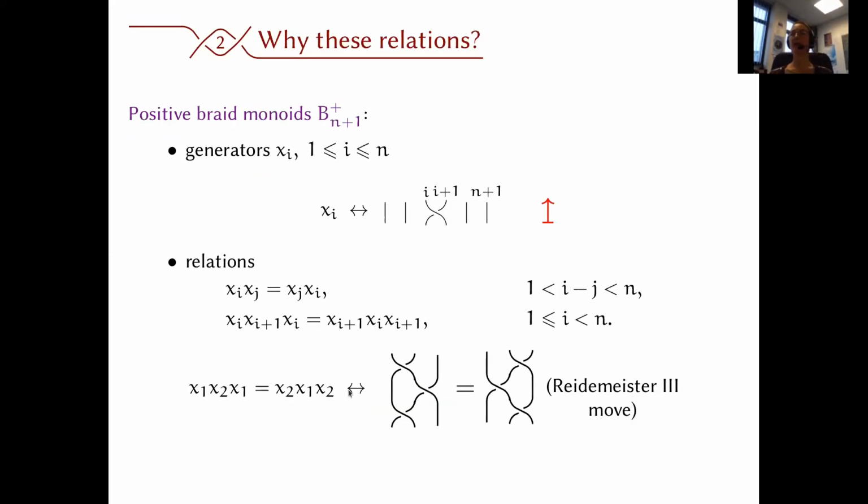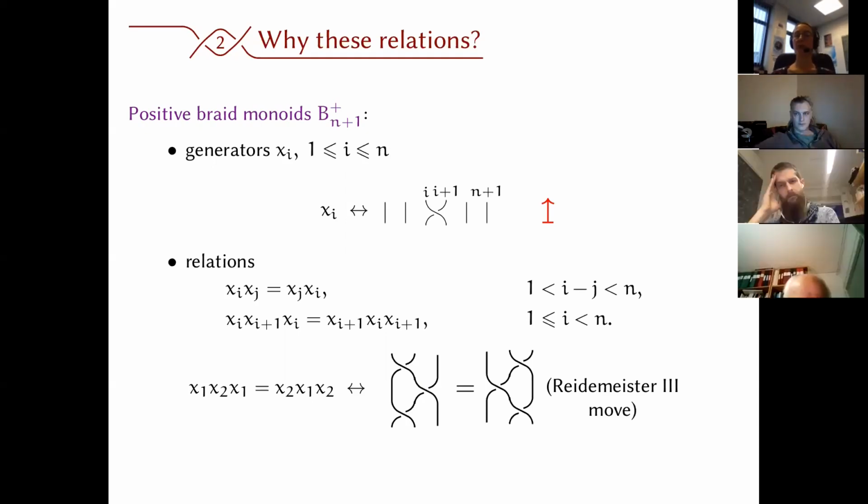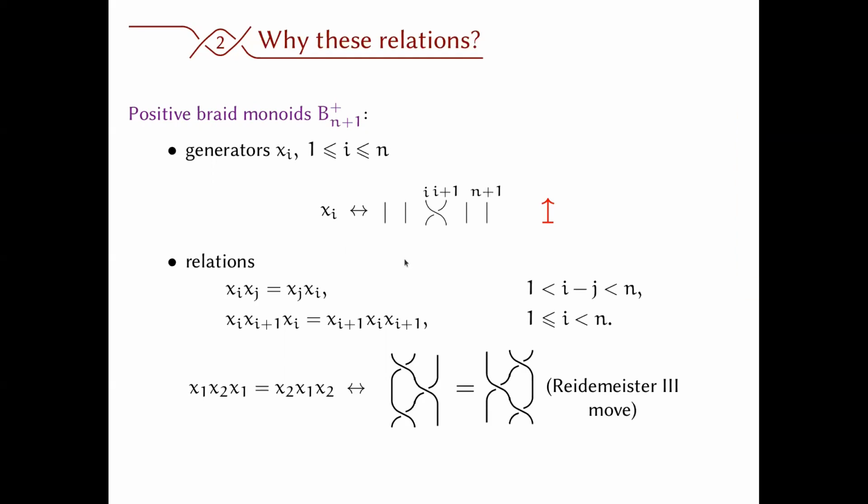So now let's try to think where all these objects can come from. The starting point will be the monoid of positive braids. By this I mean that we have n strands going from endpoints downstairs to endpoints upstairs, like the pictures you can see here. And I will read everything from bottom to top here.